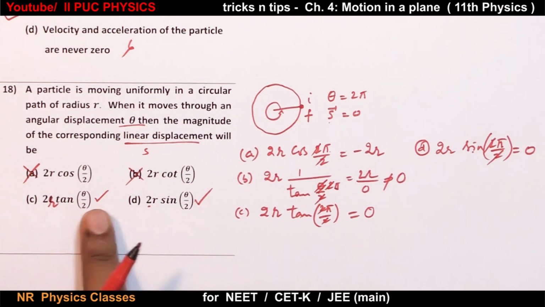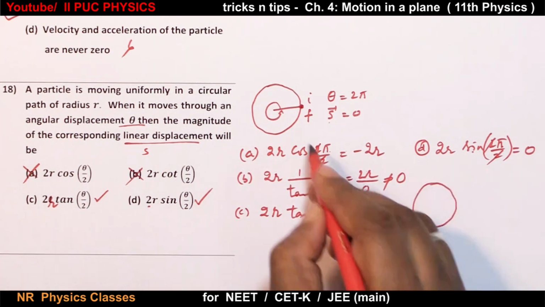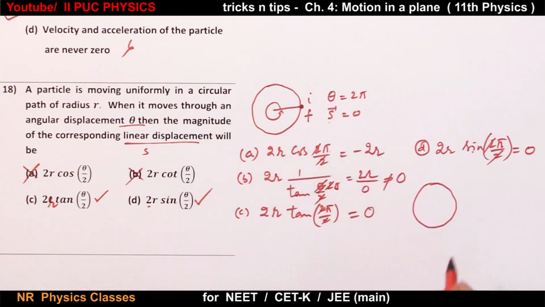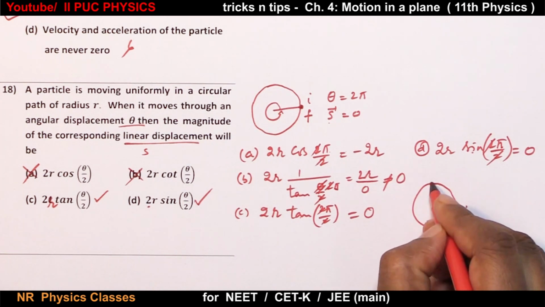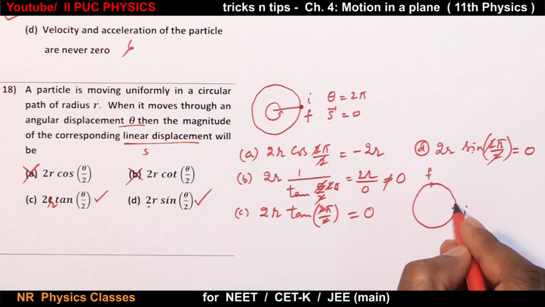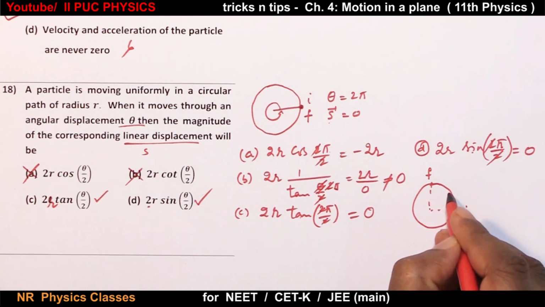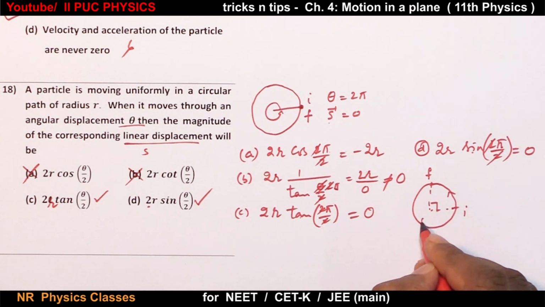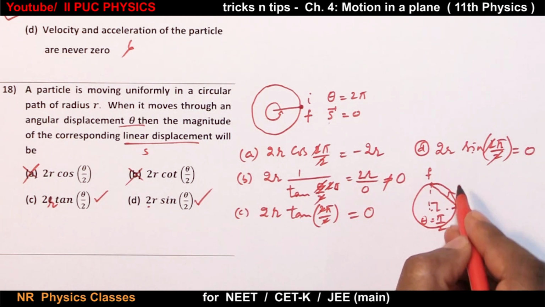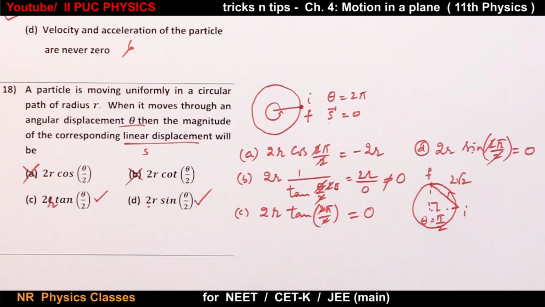Now we are held up with two options. Let us go to the second case. If this is the initial position and this is the final position, and it covers 1/4 of a revolution, that is, the angle is pi by 2, then displacement is root 2 r, isn't it?